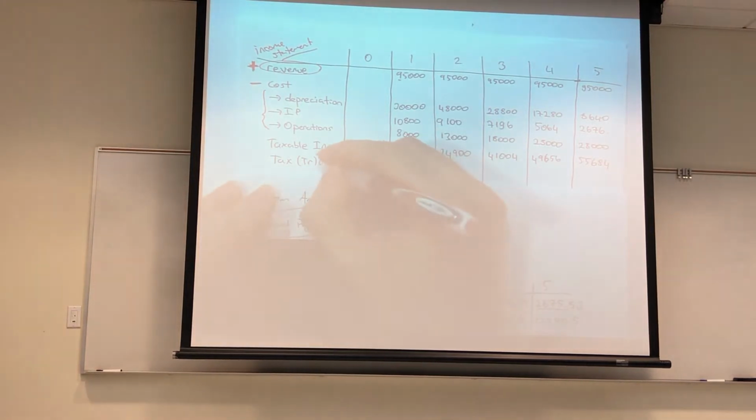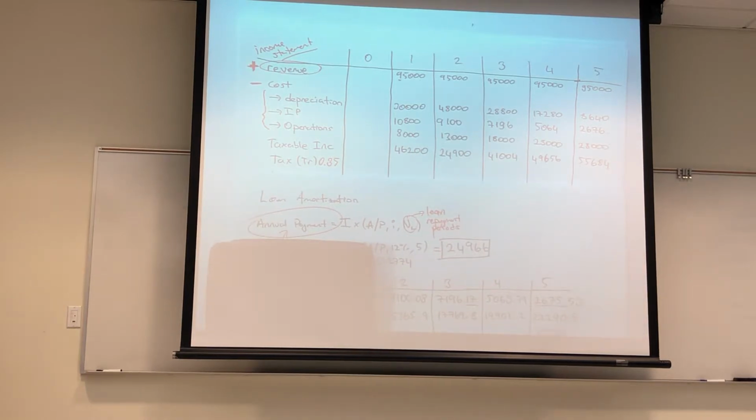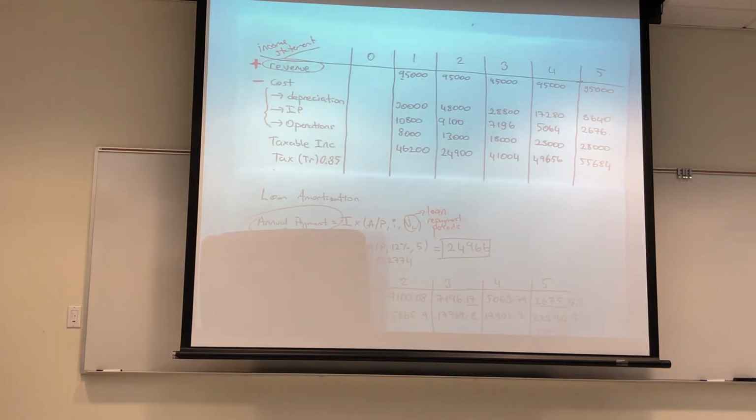So taxes, 0.35. And this will be explicitly given to you, so you don't have to worry about which bracket the company falls in. So it's just going to be taxable income times the tax rate will be the tax.